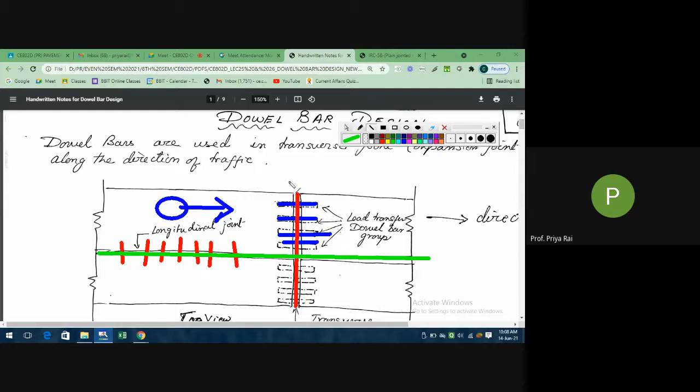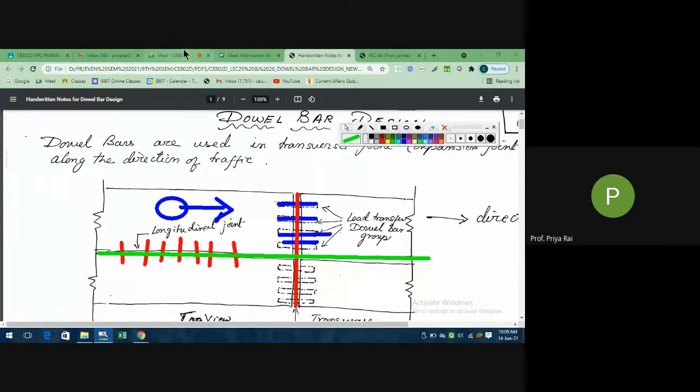If this is the dowel bar, then what is this? Apart from reinforcement, what are the two types of bars used in rigid pavement? Yes, this is the dowel bar, and this is the tie bar. They are tying the two slabs together.